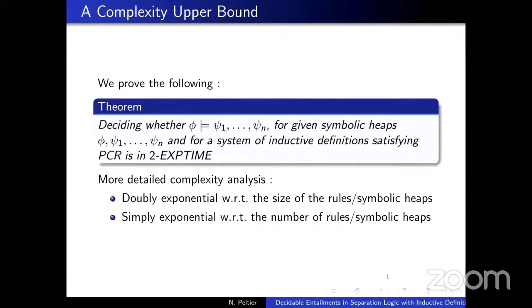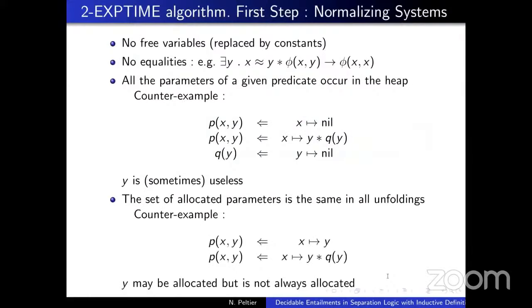And more precisely, we can show that the complexity is doubly exponential with respect to the size of the rules and symbolic heaps, but only simply exponential with respect to the number of rules and symbolic heaps. Now I will briefly go through the proof of this result without entering too deeply into the technical details.